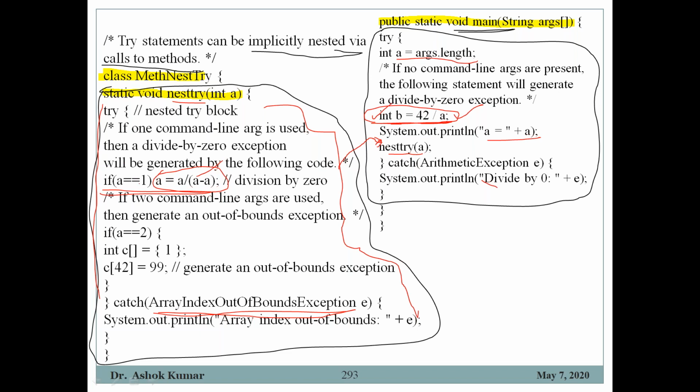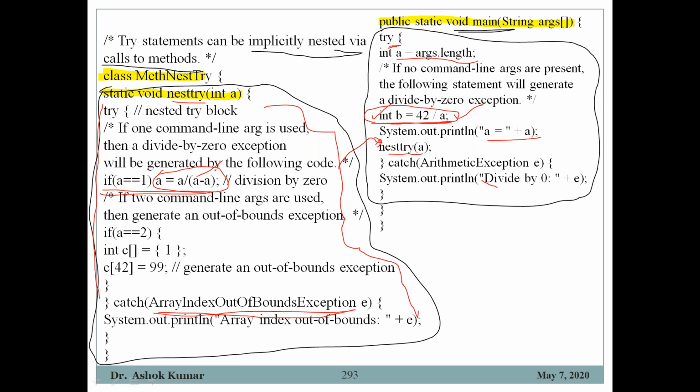So this is not matching for this. So when it is not matching, as we discussed in the previous slide, the catch block of the outer try will be checked then. Because here this catch is not matching, the control will be passed on to the outer try block. This is the outer try that is there in the main.